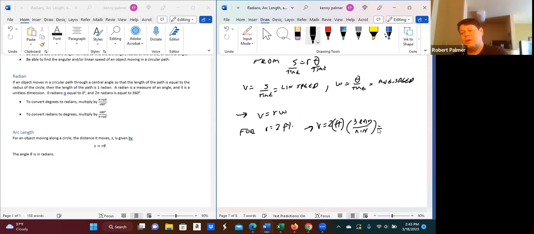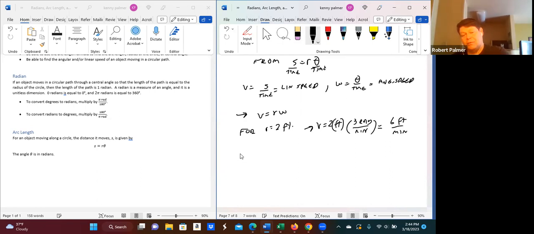Since this is a linear speed, this is going to be in something like feet per minute, meters per minute, distance per minute. So 2 times 3 is 6 feet per minute.